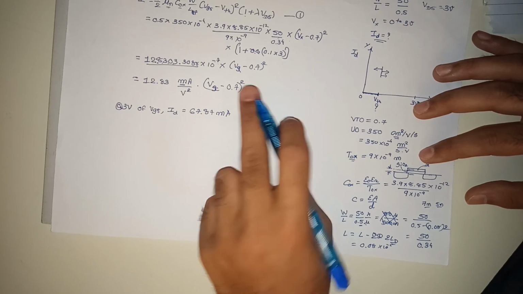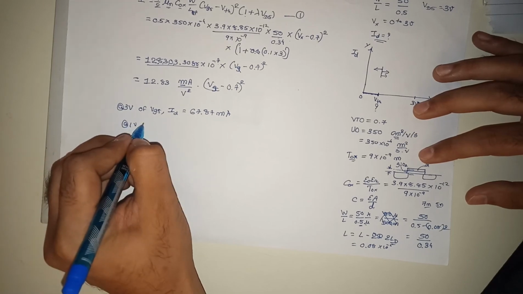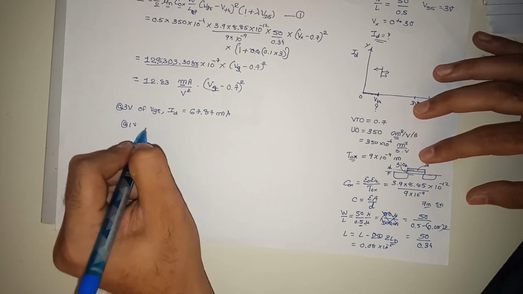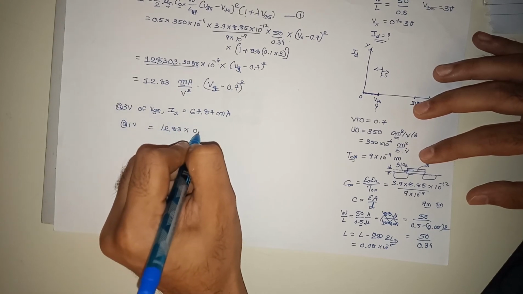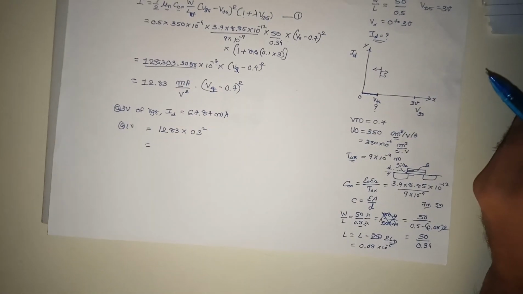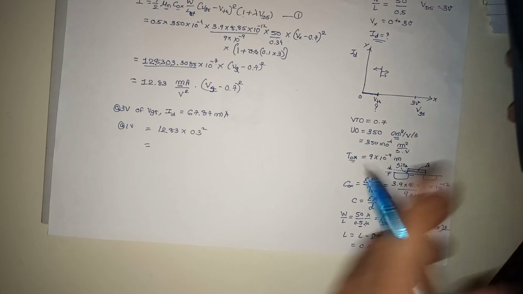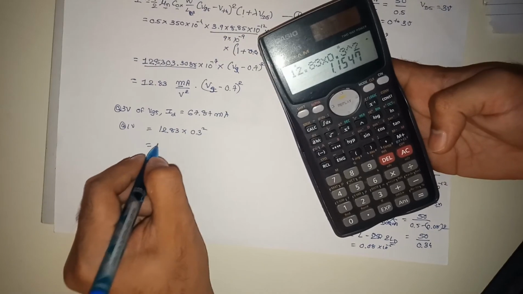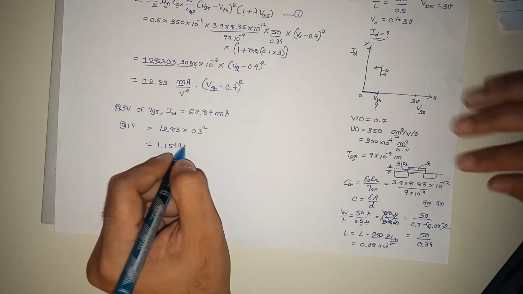Let's assume 1 volt. At 1 volt, I am finding it in front of you: 12.83 into 0.3 squared, so it will be 1.15 milliampere.